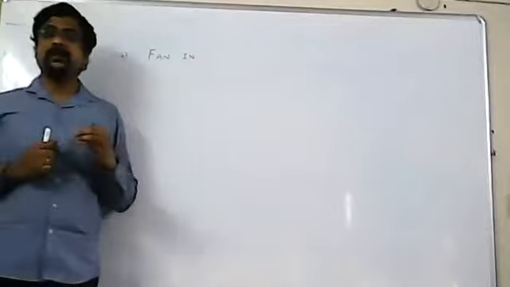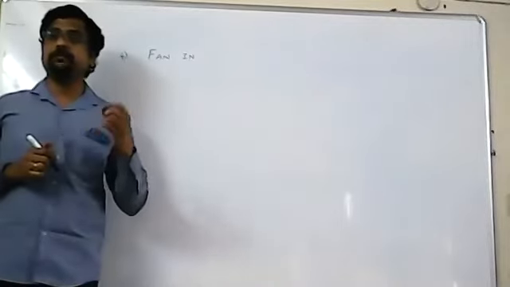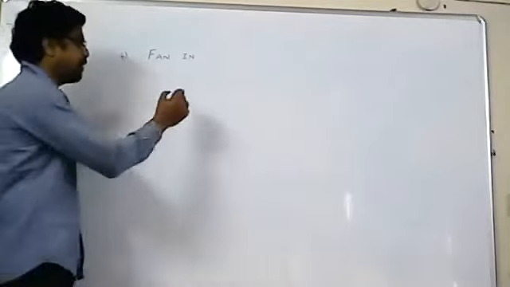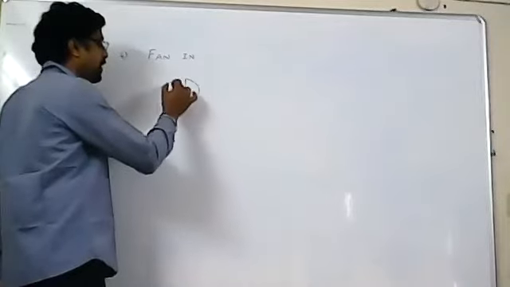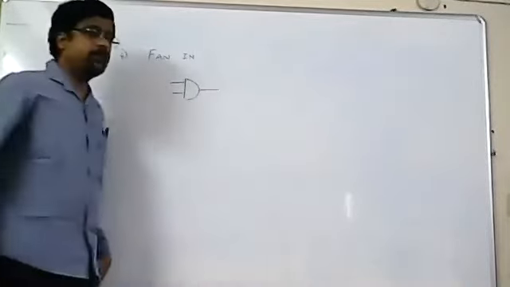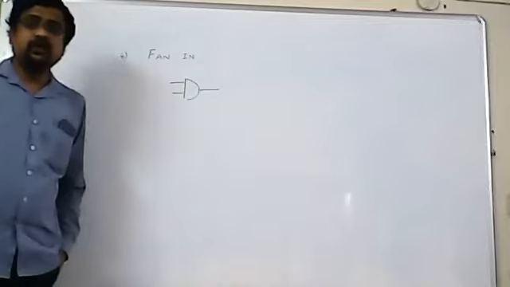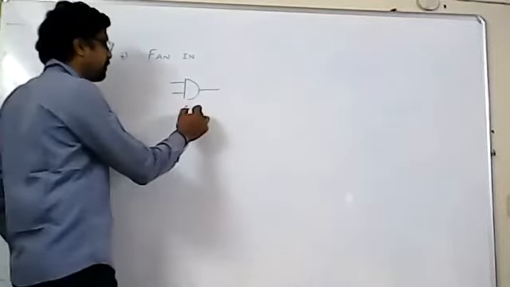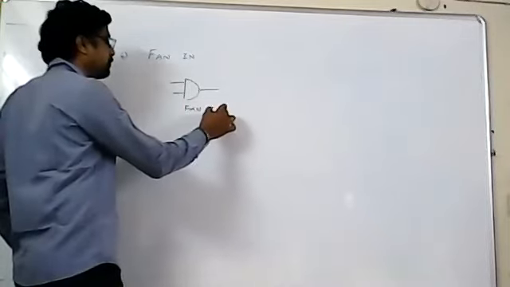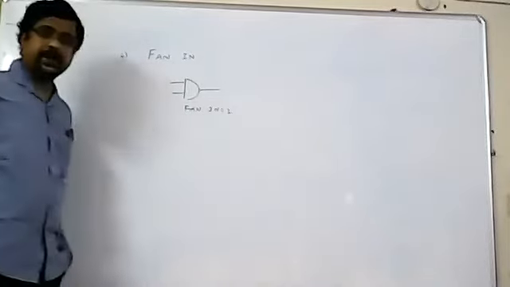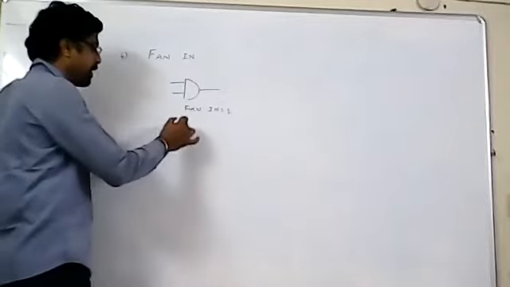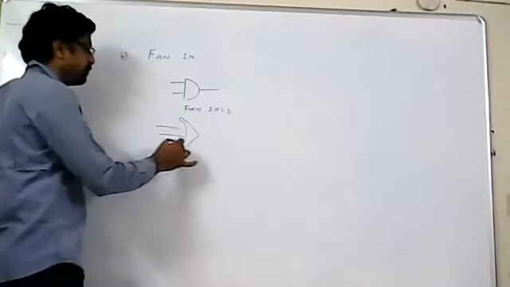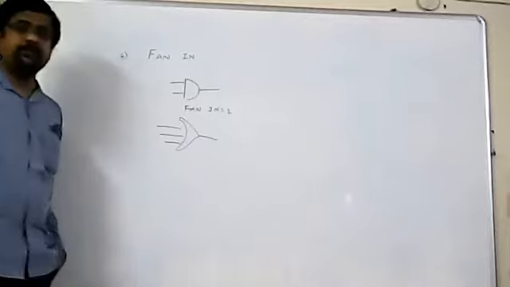So fan-in describes the number of inputs that a particular gate has. For example, if I take this AND gate, how many inputs are there? There are 2 inputs, so the fan-in is 2. Now if I take an OR gate, consider there are 3 inputs.